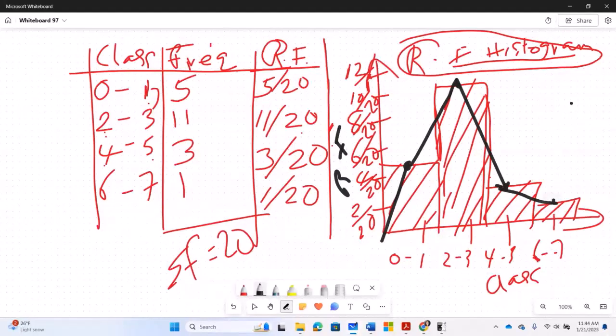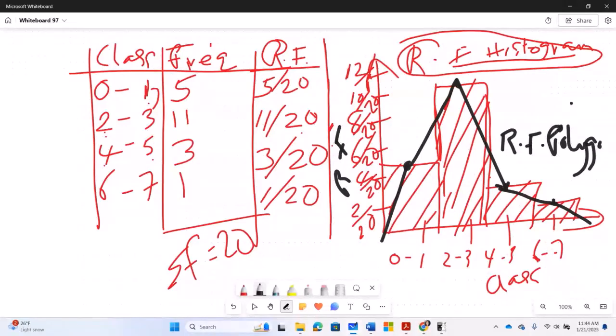So my black line is the relative frequency polygon. So there it goes. I drew a relative frequency polygon there.